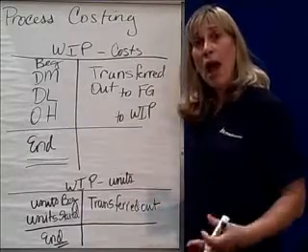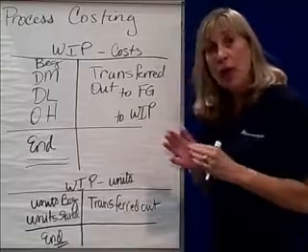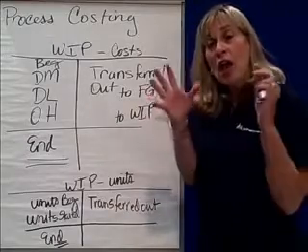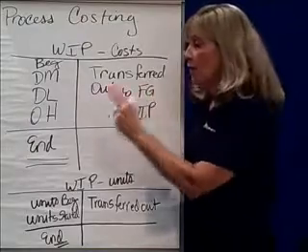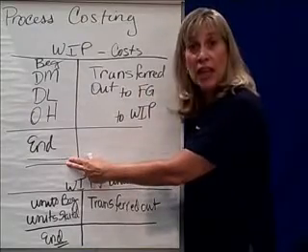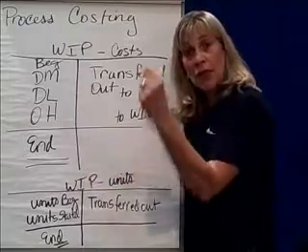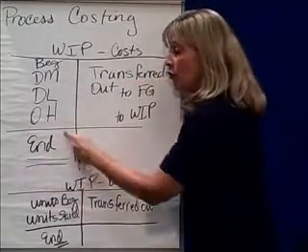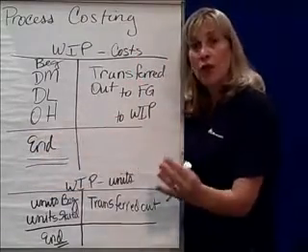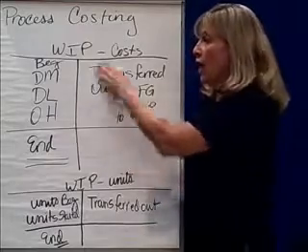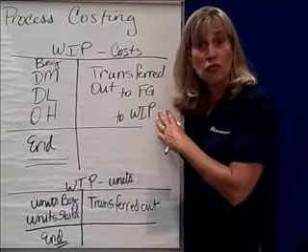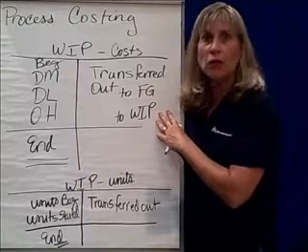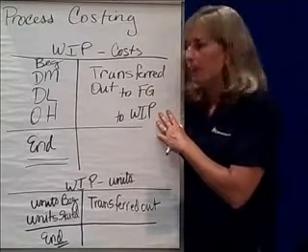And somehow you've got to say, time out, I need to assign some of these costs to transferred out and some of these costs to the ending inventory. Because at the stroke of midnight, you're a certain percentage complete as far as your products are concerned, and you've got to know what cost of goods manufactured and sold is, don't you? Because you've got to tell the truth on that lovely income statement.